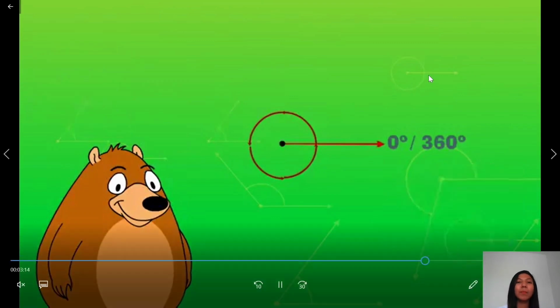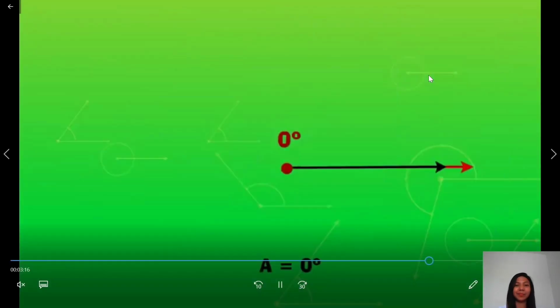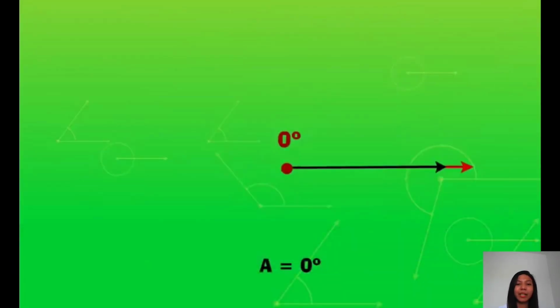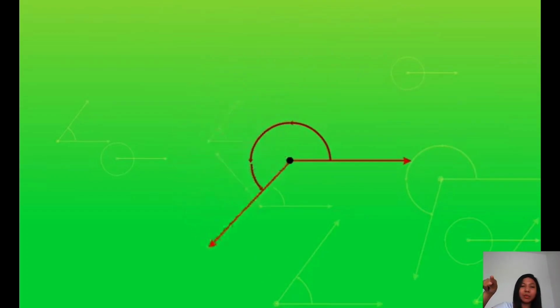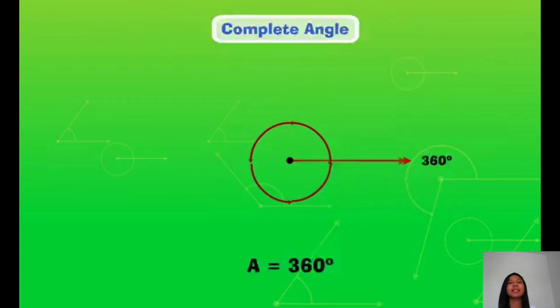So that is a complete angle. Angle A equal to 0, zero angle. And then it rotates going back to where it started. So that is a complete angle.